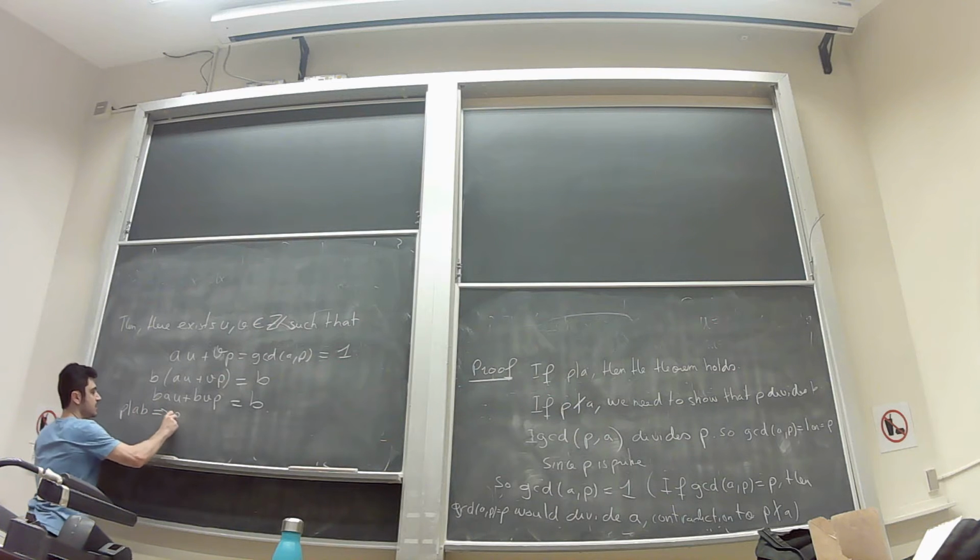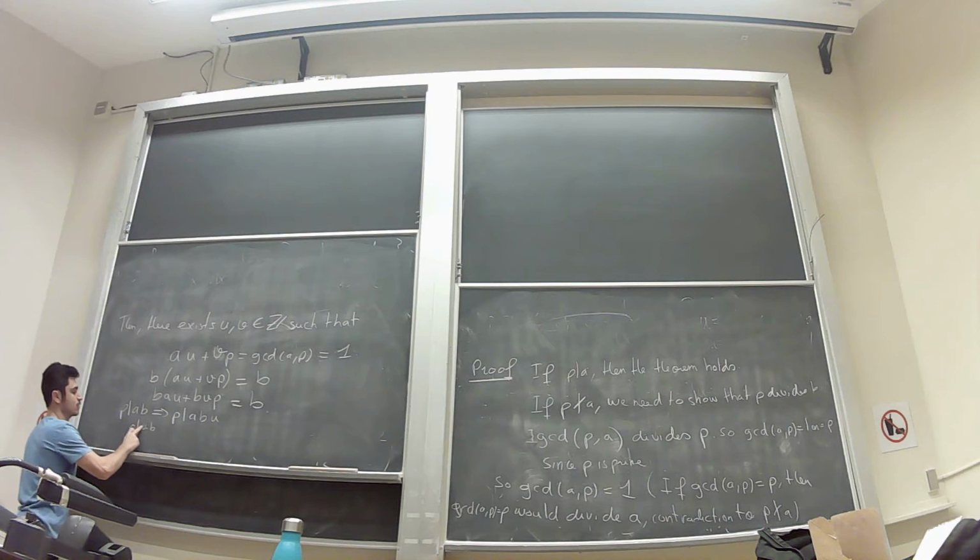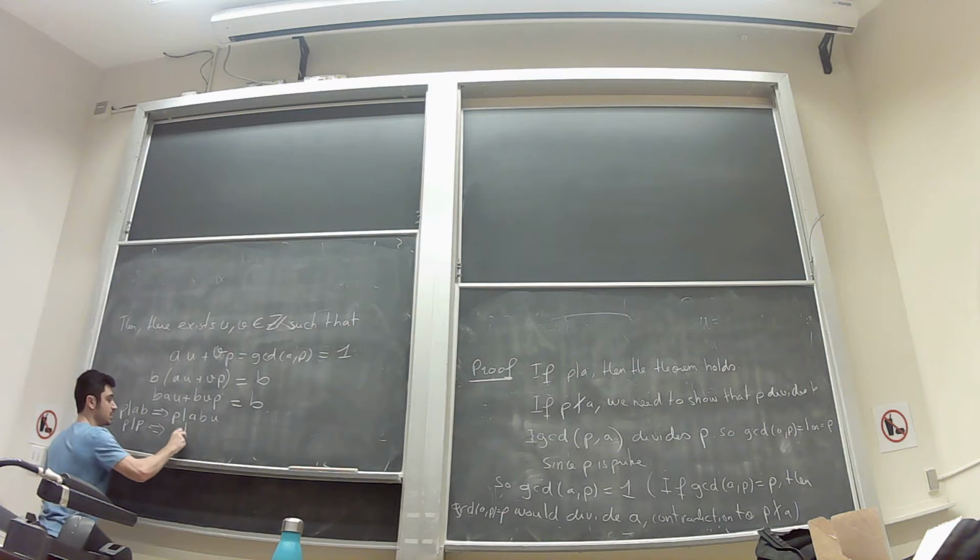This implies that P divides ABU. Agree? Because U is an integer, as you said. Right? P divides VP, obviously. P divides P. This implies that P divides BVP.